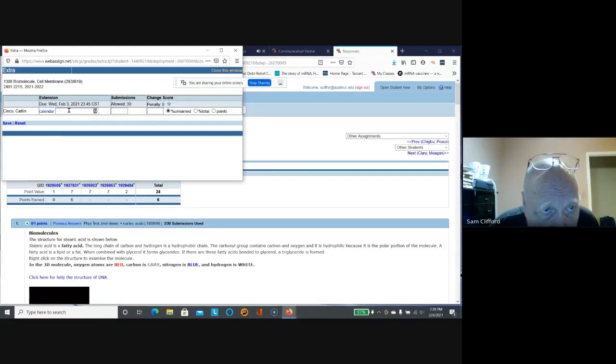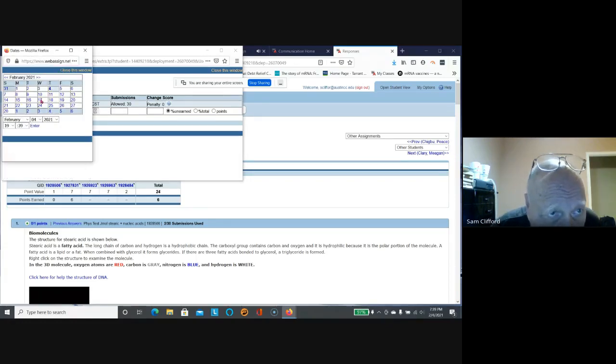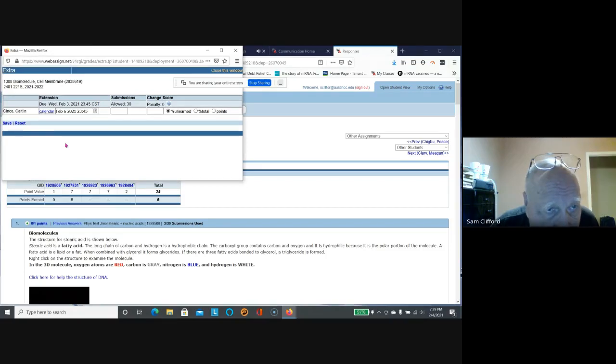The calendar is here. I'll go ahead and make it due on Saturday the 6th, at 23:45. I just picked 11:45 as the due date for everything. So I enter that, and then she has the new date.